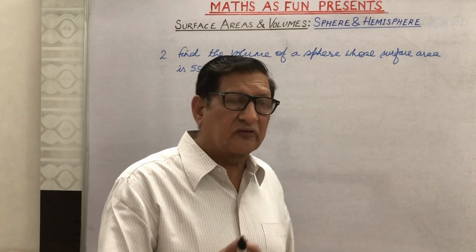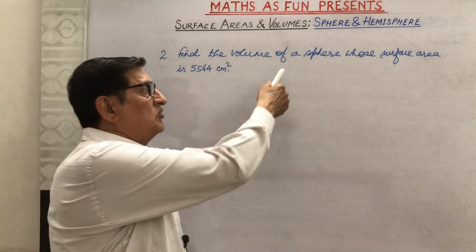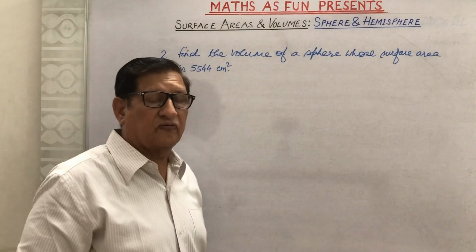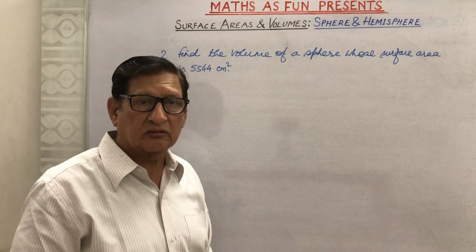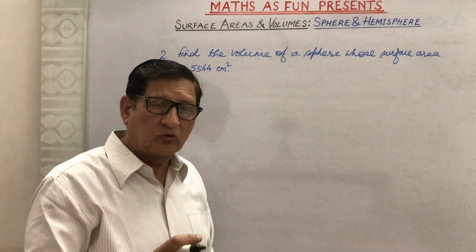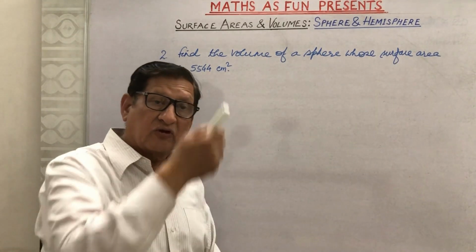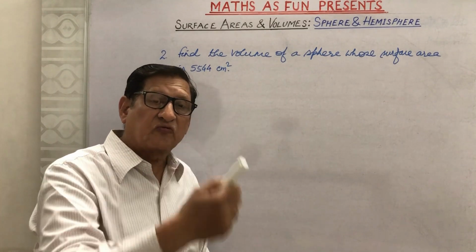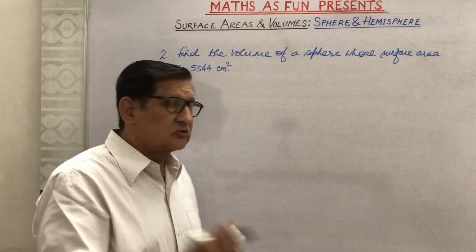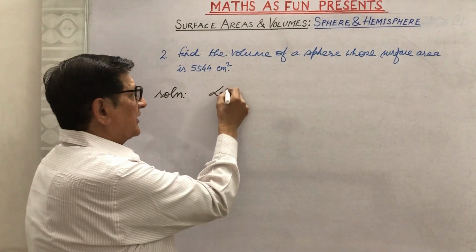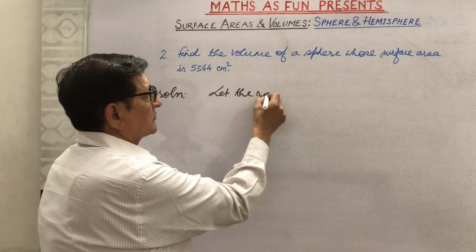The second example we have: find the volume of a sphere whose surface area is 5544 centimeter square. Given the surface area, we have to find the volume. It means first we have to find the radius. So we write in the solution, let the radius be r.